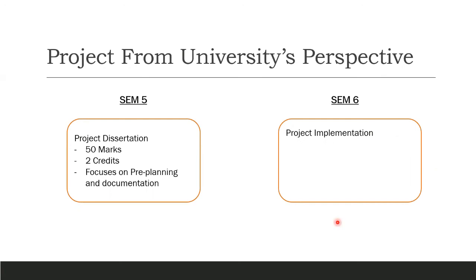The marks for project implementation will be a total of 150 marks. In the bifurcation, 50 marks will be completely devoted to the documentation part, where you will be expected to submit documentation of the entire project in the form of a black book.